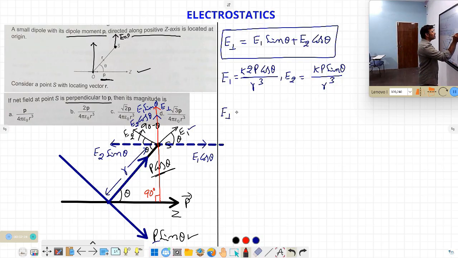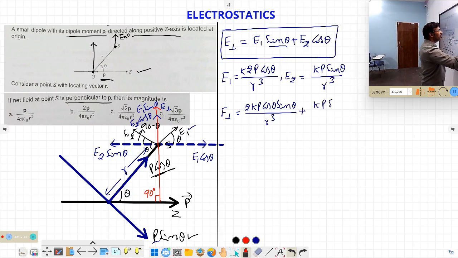E perpendicular is equal to E1 sin theta, that is 2kp cos theta into sin theta by R cube, plus the E2 value, kp sin theta, into cos theta by R cube.